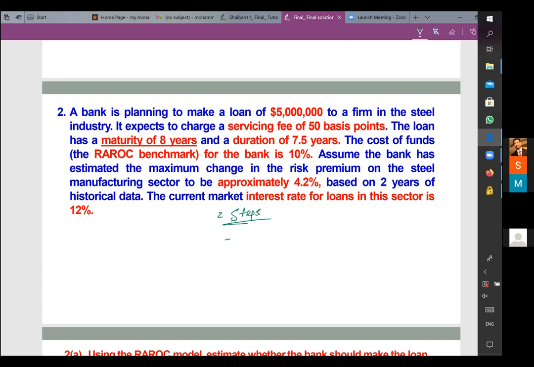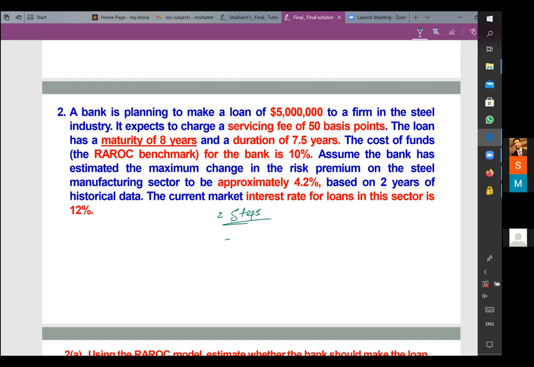However, it does for us two things. It helps me select the right customer, the right borrower, and it helps me price my loan, which means how much I'm going to charge that borrower based on his risk. So it helps me calculate the premium, and also it helps me select or credit score the borrower.